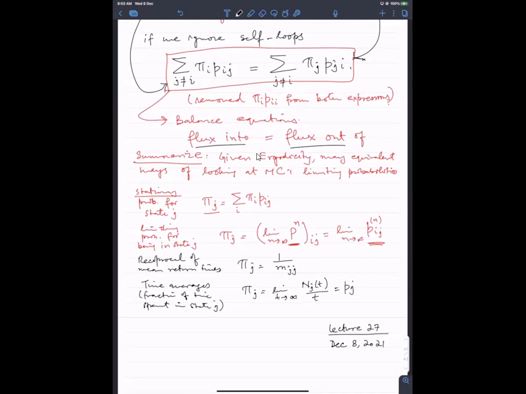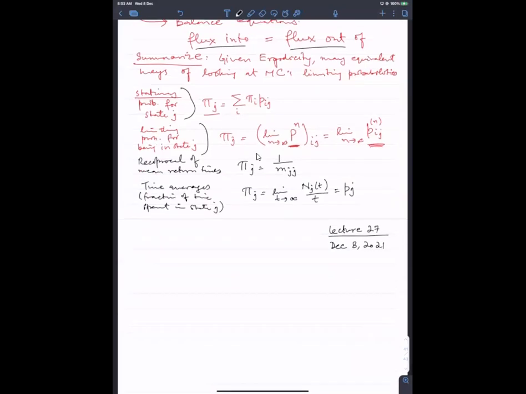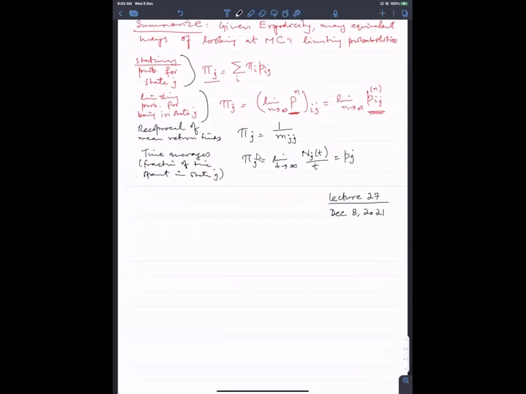And we also looked at the stationary distribution or the limiting distribution point of view. We also looked at it from the point of view of the stationary probability being the reciprocal of the mean return time to a state. And then finally the time averages, the amount of time that a Markov chain will spend in a particular state, that is also given by the stationary probability or limiting probability of being in that state.